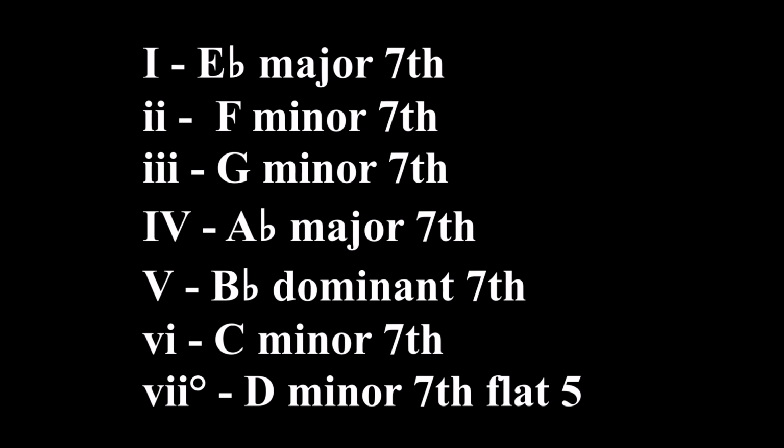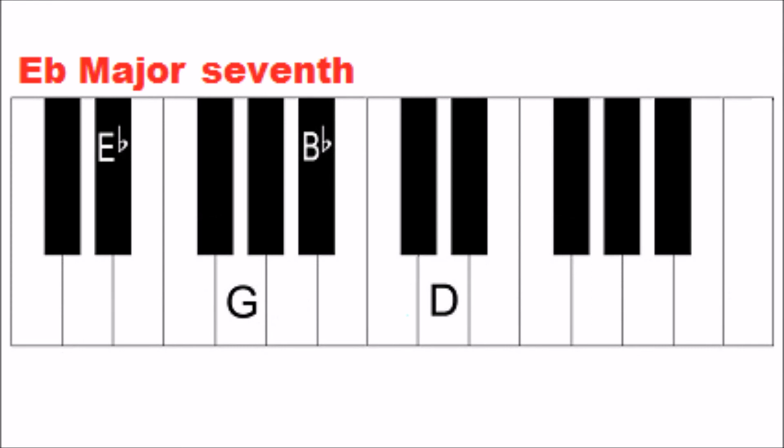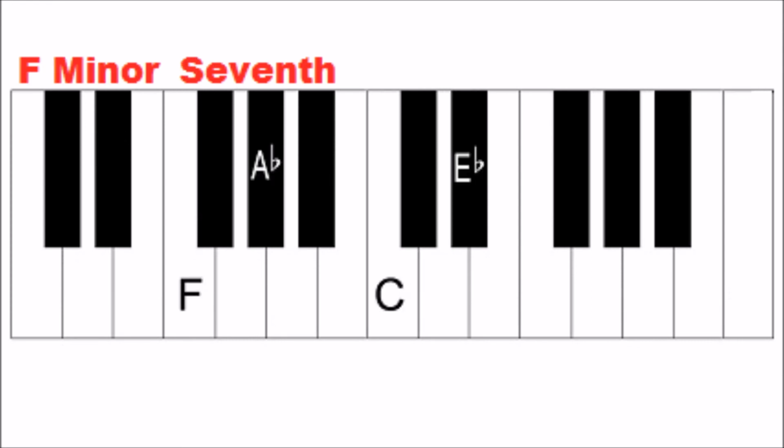What are the notes of each 4-note chord in the key of E flat major? Chord 1, E flat major 7th: E flat, G, B flat, D. Chord 2, F minor 7th: F, A flat, C, E flat.